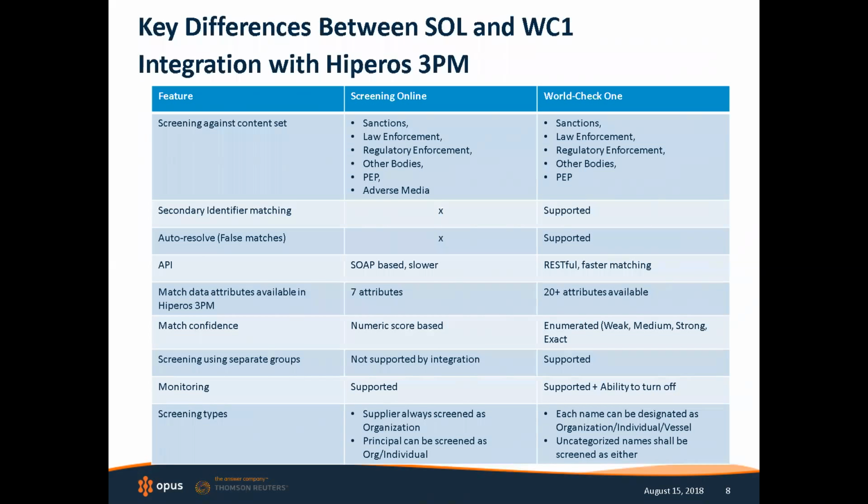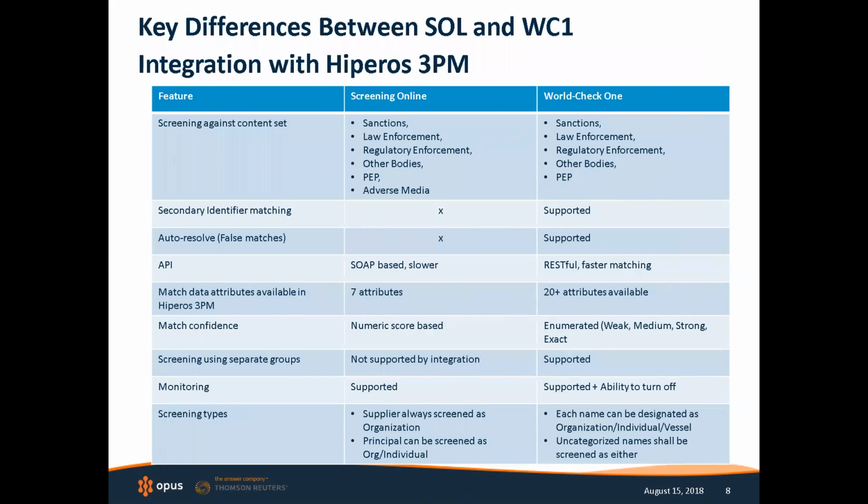And I think one of the biggest things is the ability to do secondary identifier matching. So the best example of that would be, let's say you were screening Walmart. Walmart is a big company, a lot of different locations. But if you were capturing country in your third-party record, and you wanted to use that to filter down the results so that you only wanted to look at the Walmart in Mexico, then you can do that.